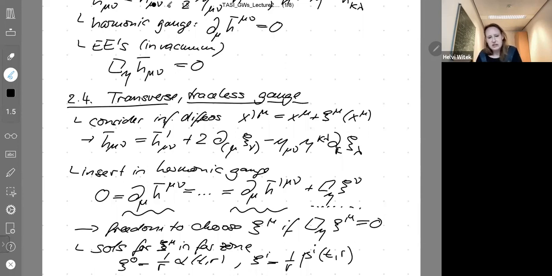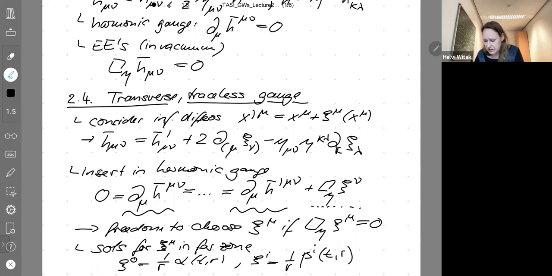Now, I will not specify these two functions, alpha and beta. Suffice it to say that we can choose them in a very particular way that helps us simplify our equation. In particular, we will choose alpha and beta such that our gravitational potential becomes traceless, and the spatial components also become transverse, so are also divergenceless.